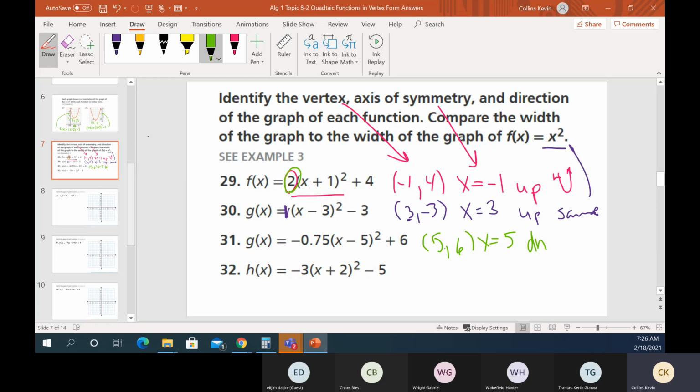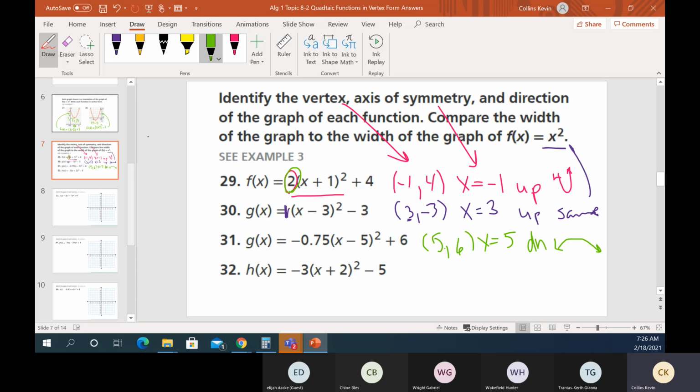So what's that going to do for us? Yeah, so it's going to be a little wider. So it'll look more, well, actually, it's going to be upside down. So let me fix that up. So this will look more like this. It'll be going down, and it'll be a little wider. So something like that. Good.